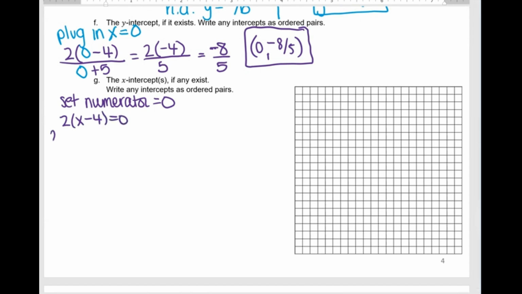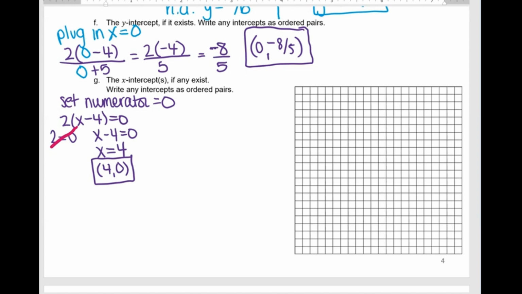If we take this separate, 2 equal to 0, that's never going to happen, so we don't need to worry about it. It didn't have an x involved. x minus 4 equal to 0 tells us that we get x equal to 4. Our x-intercept is (4, 0), because we plugged in 0 for y.